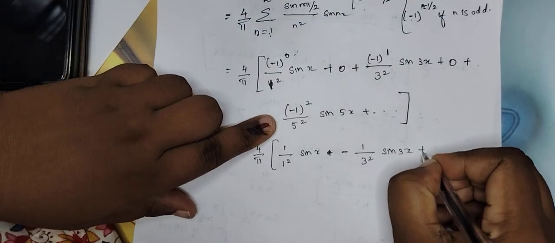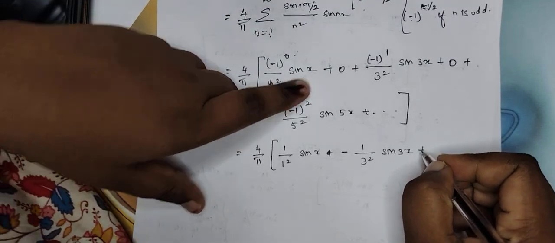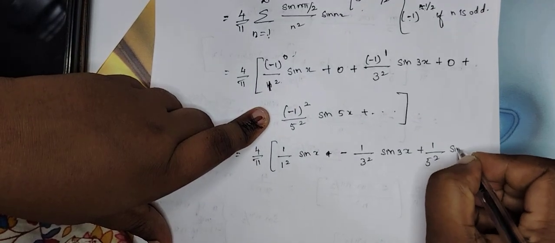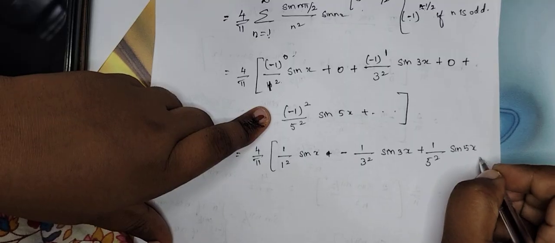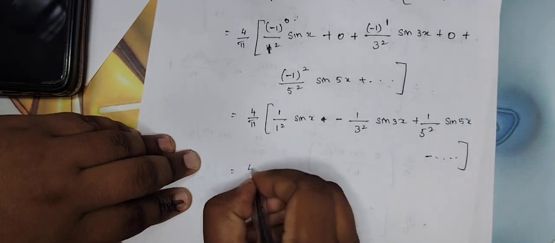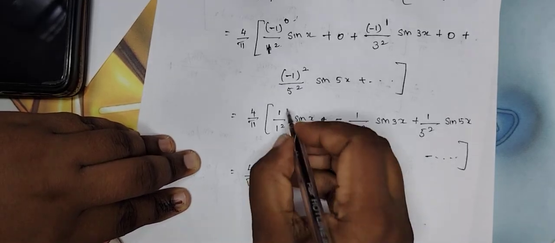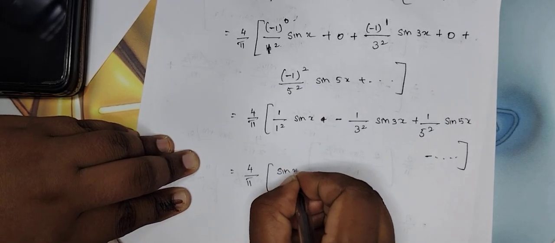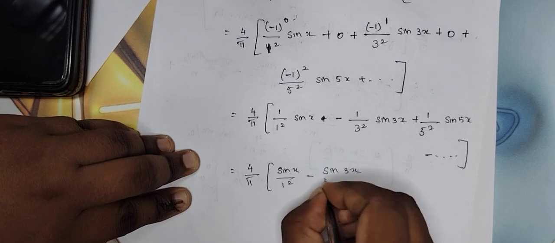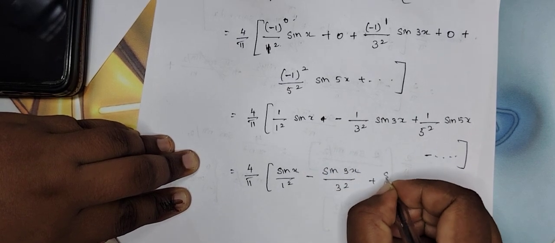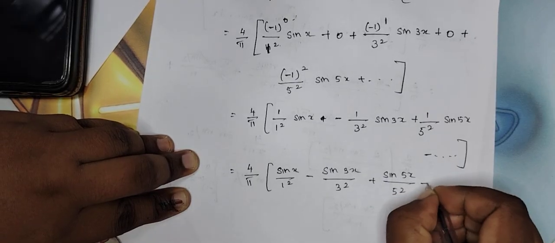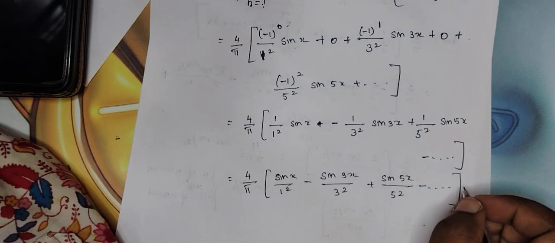Again the next one is (-1)², which is plus 1, so 1 by 5² sin 5x. Then the next term will be minus, and so on it will go. So this is 4/π times [sin x by 1² minus sin 3x by 3² plus sin 5x by 5², and so on].